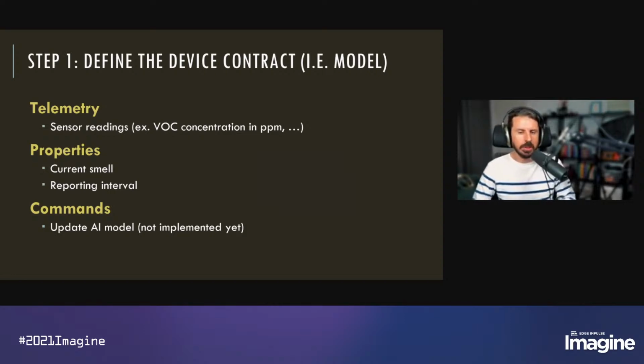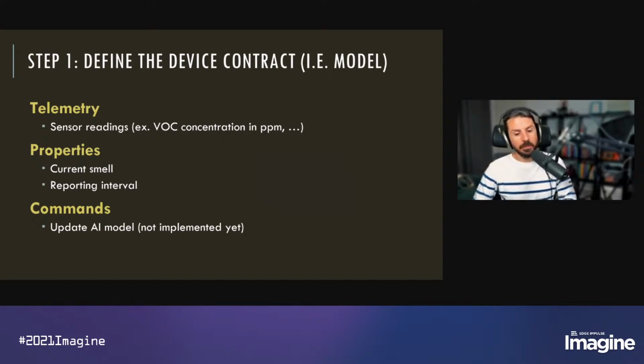For the nose, this would be things like sensor readings, right? Maybe every 5 seconds, I want to send to the cloud the raw sensor data, like volatile organic compound concentrations in ppm, and specifically mention somewhere in the contract that the unit is ppm, and same for ethyl alcohol concentration, et cetera.